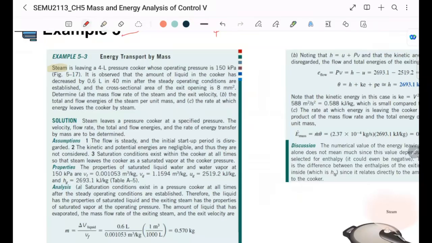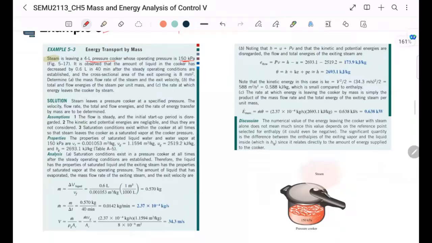Okay. So here it says that steam is leaving a 4-liter pressure cooker. Operating pressure 150 kilopascal, which means inside here is 150 kilopascal. It is observed that the amount of liquid in the cooker has decreased by 0.6 liter in 40 minutes.